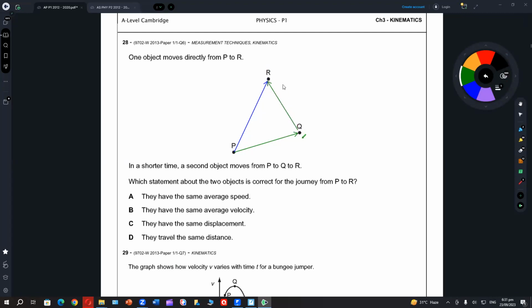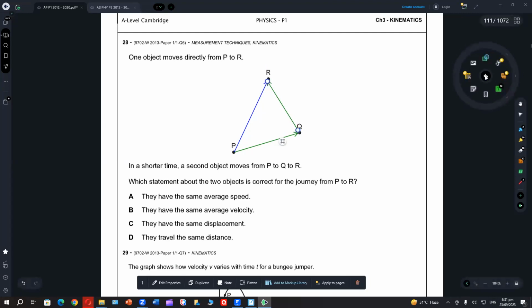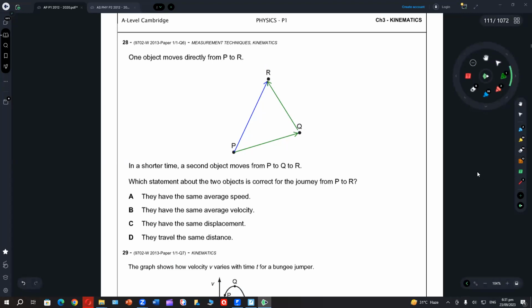So is it C? Let me see. Which statement about the two objects is correct for the journey from P to R? Looks like a vector diagram. They have the same average speed.